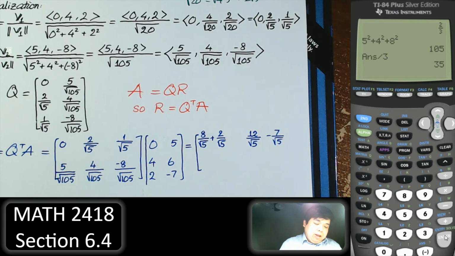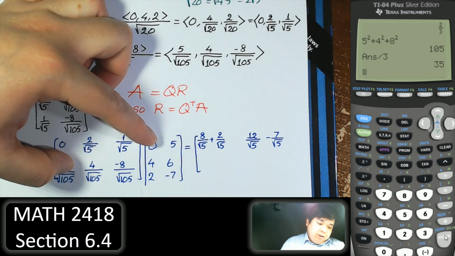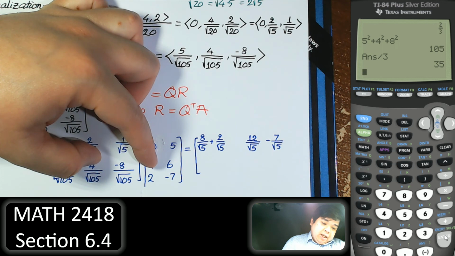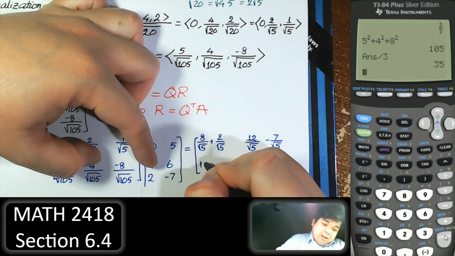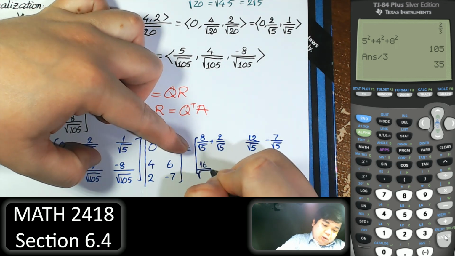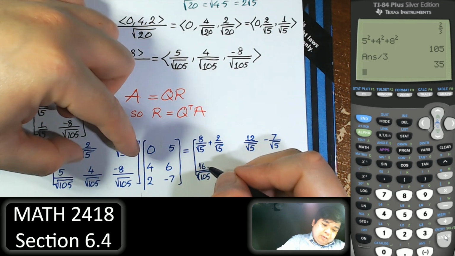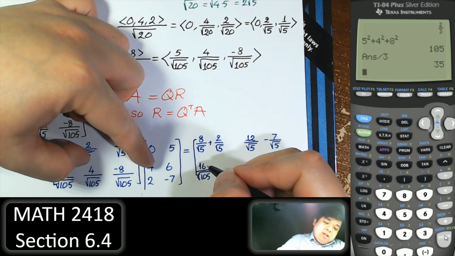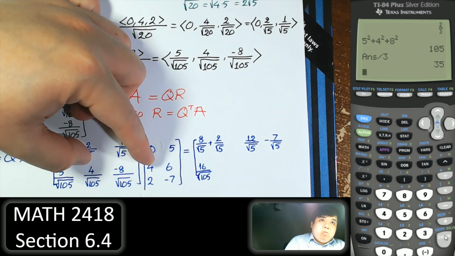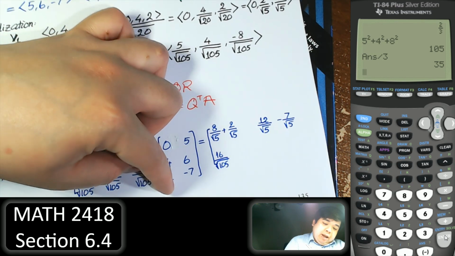Right. Next, 0, 16 over square root of 105, and so 0, 16 over square root of 105, minus 16 over square root of 105.